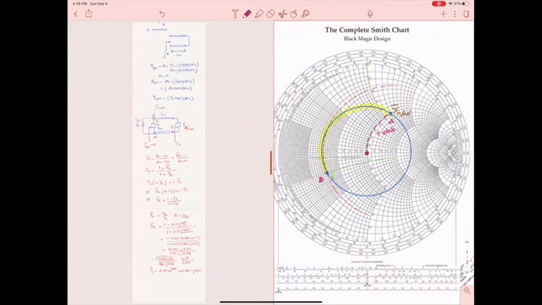No, it's easier to always have as your destination the center of the chart. So when you design, you always design to make your reflection coefficient 0.